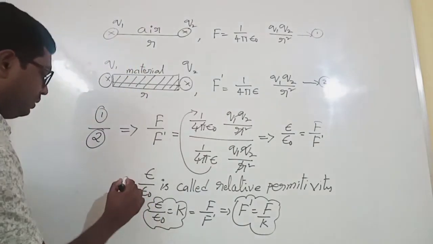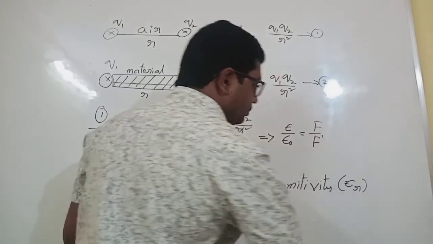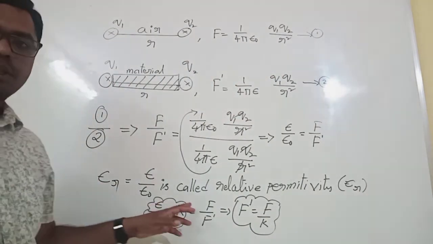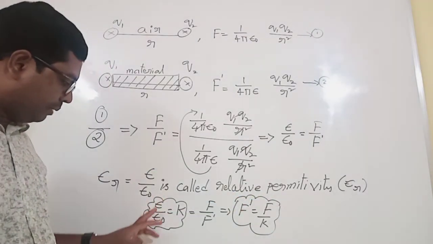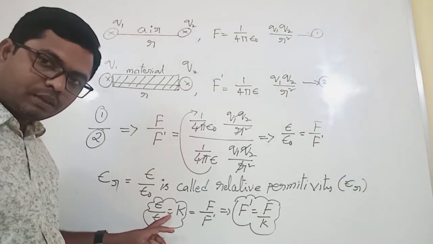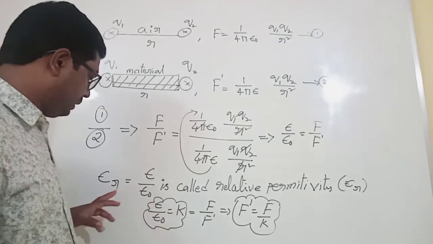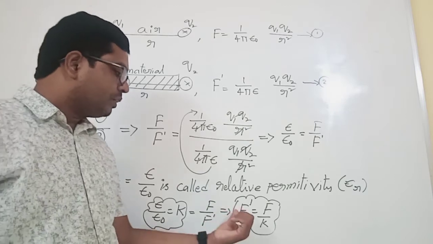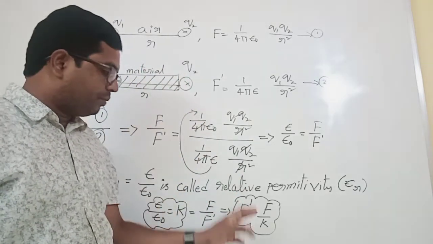This is relative permittivity epsilon, which is equal to F by F dash. So when you introduce the material medium between the two charges, the force decreases by K times.